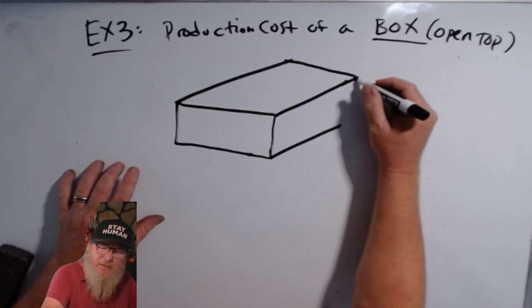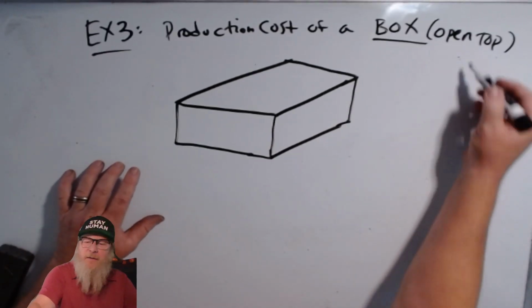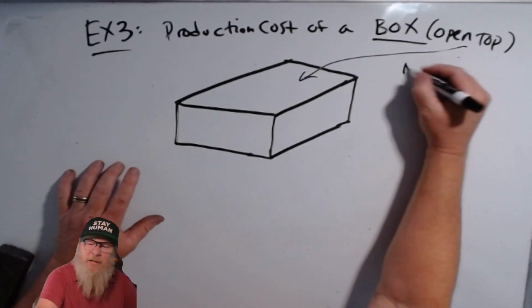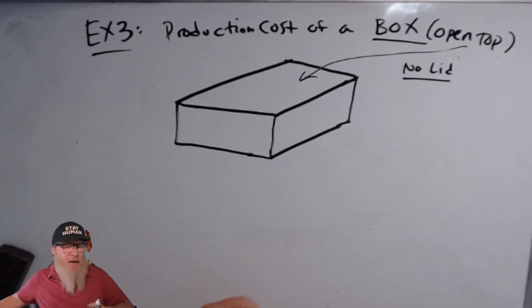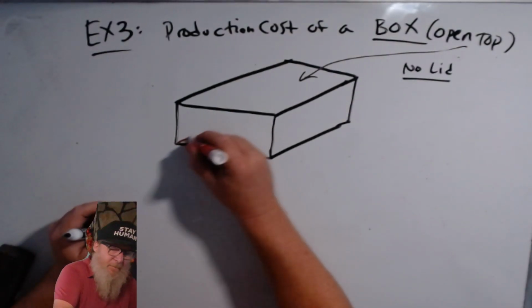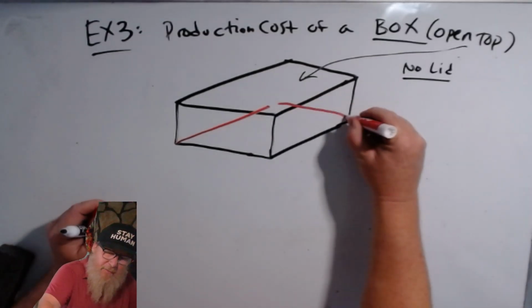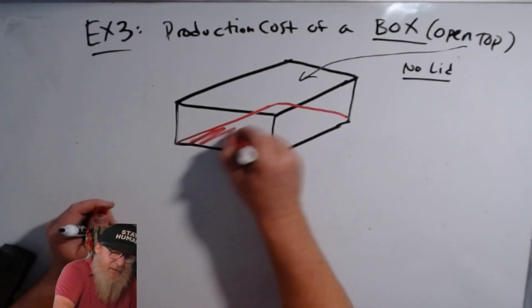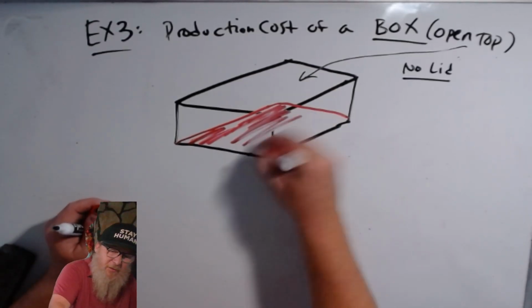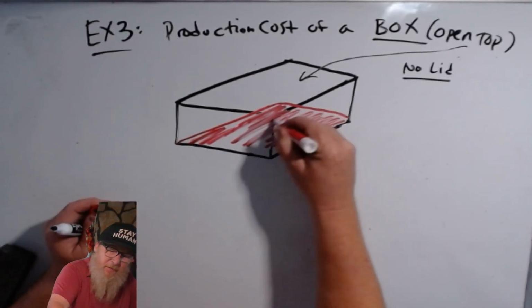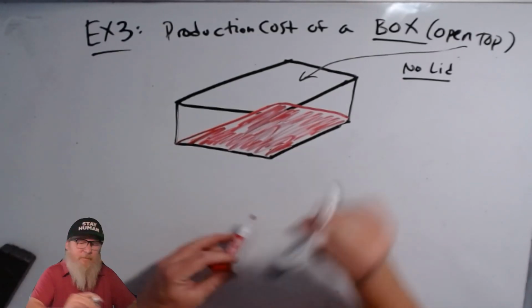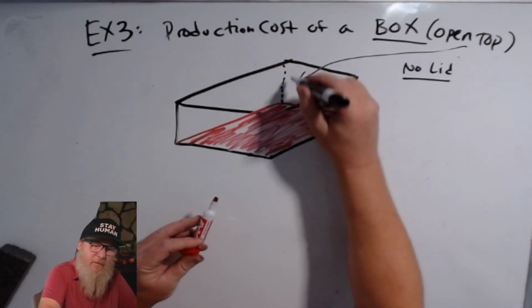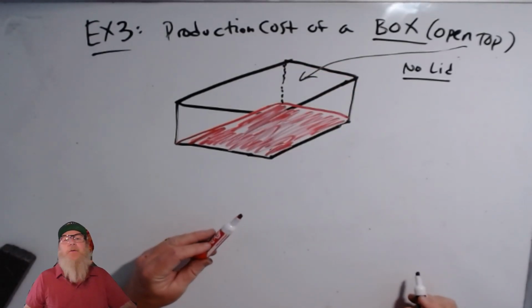Rectangular box. The top is open, so there's no lid. But the bottom of the box is reinforced. So we have a reinforced bottom here. And let me put a little dotted line here for the back corner.